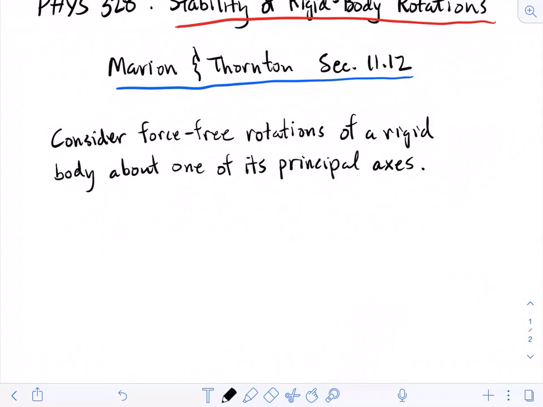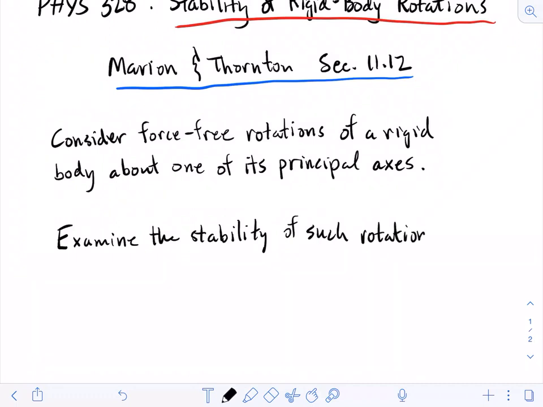So the problem that we will attempt to look at is an examination of the stability of such rotations.